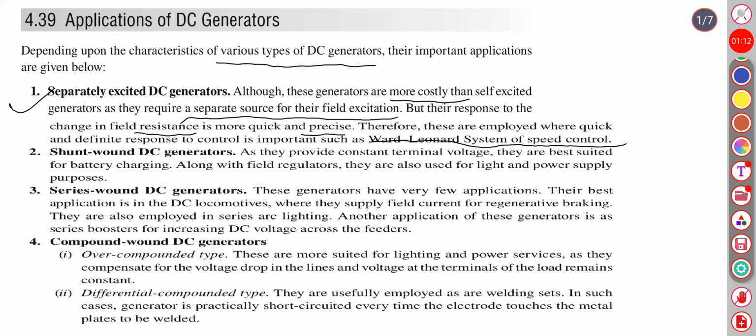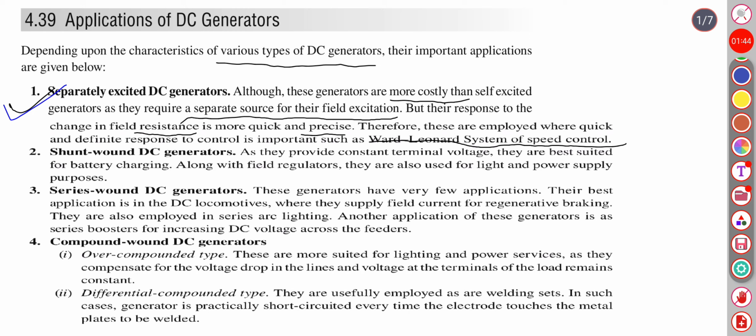When AC induction motors were not capable, I'm talking about the years 1994 and 1996 in India. That time we did not have AC induction motors that can deliver constant torque at variable speed. That time separately excited DC motors were used.